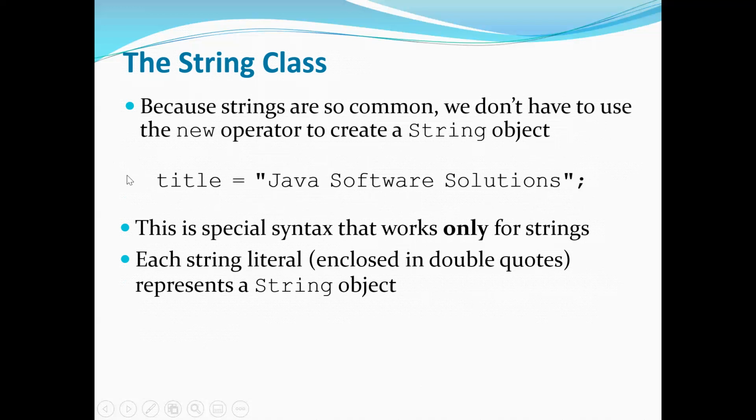I can declare a string like a primitive data type and assign a value to it: String title equals, and assign the string. This is a special syntax that works only for strings. Each string enclosed in double quotes represents a string object.